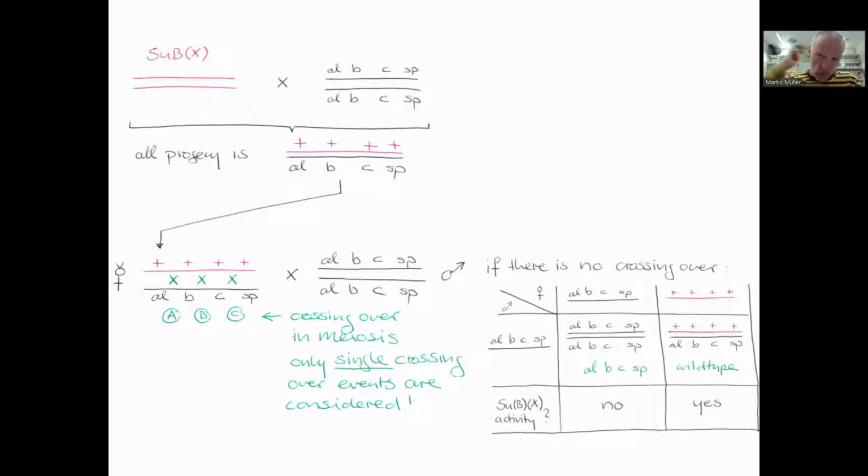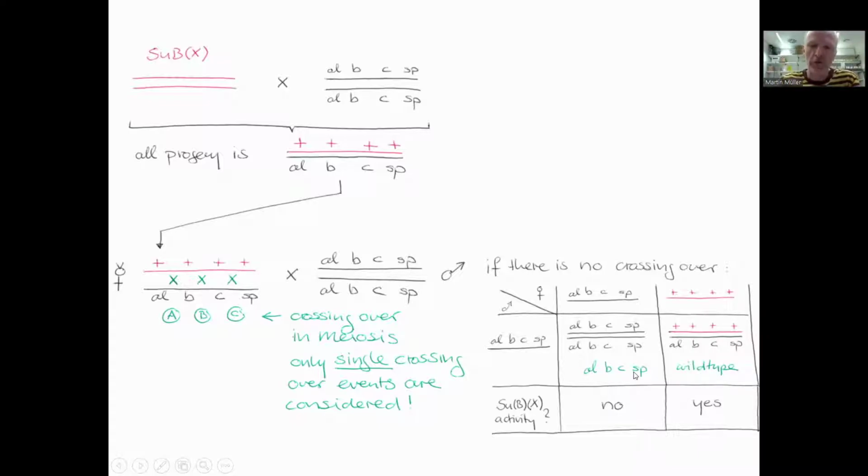So if there is no crossing over, which can happen, of course, then the situation is simple. The male produces only one type of sperm, since it's homozygous. The female produces two types. We get two types of progeny, wild type and Aristoteles black curved speck.